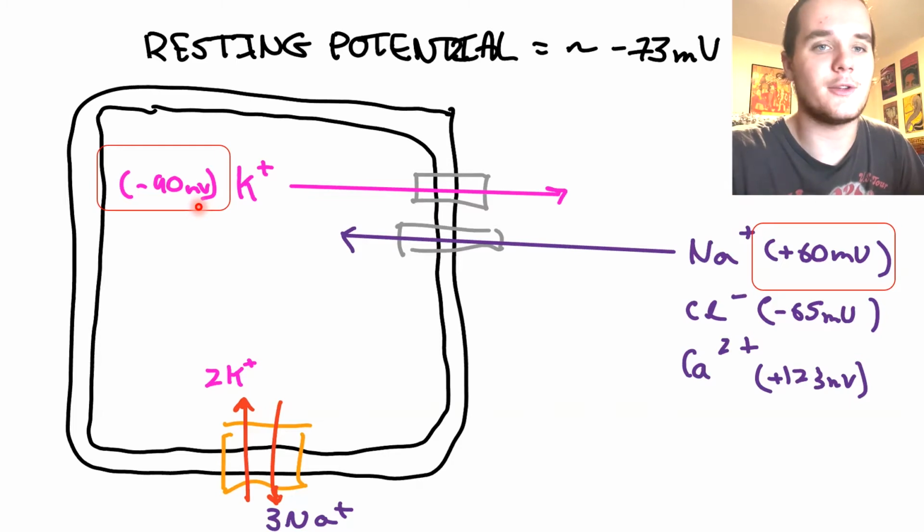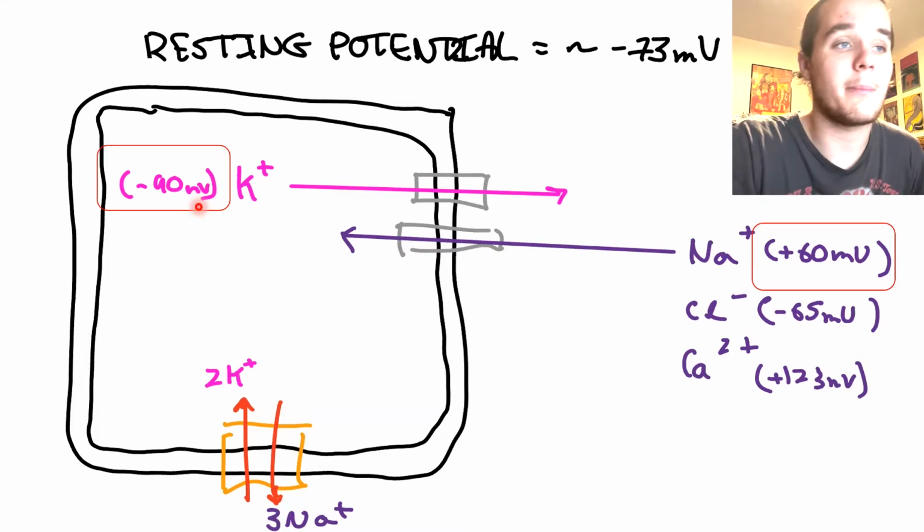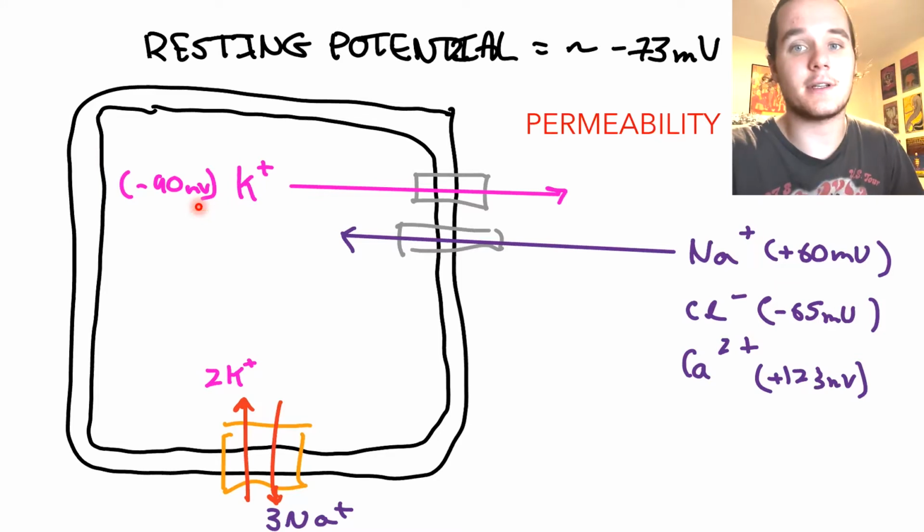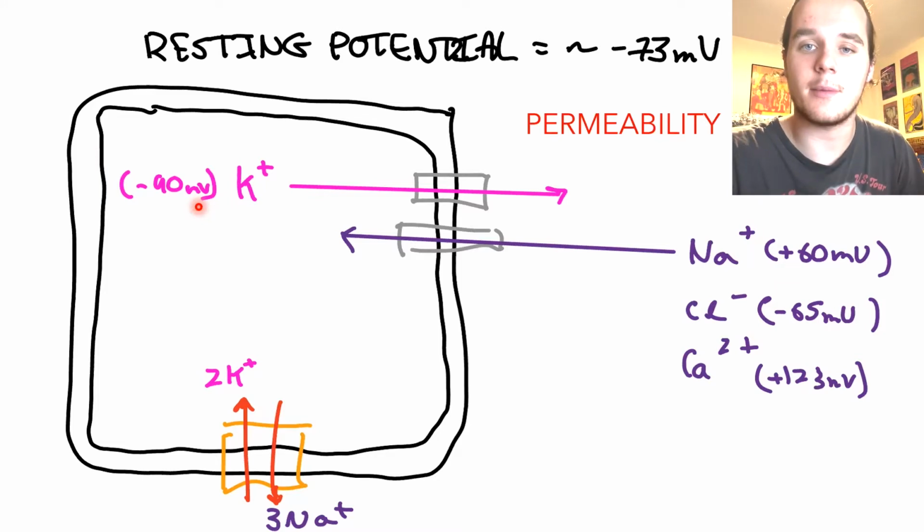And maybe all of these ions would be doing that at the same time with the same ease. That's not the case. The permeability is different depending on which ion we're talking about. So the resting membrane potential depends greatly on which ions are permeable and which aren't.